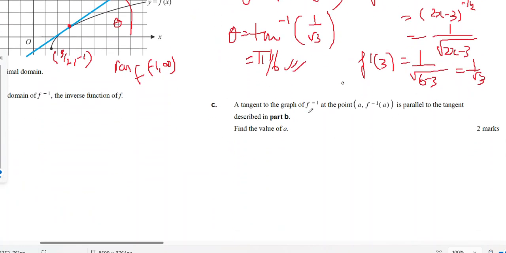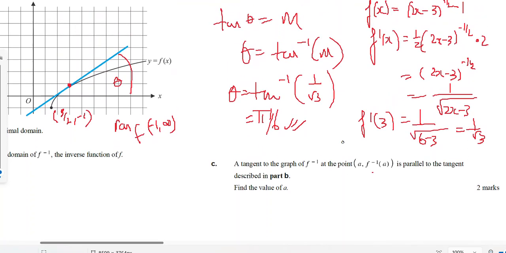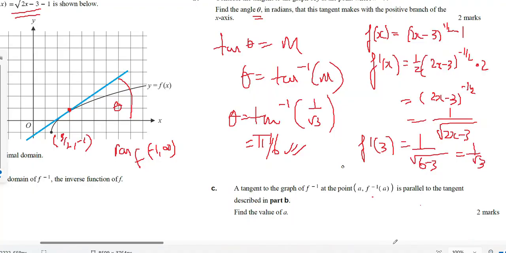A tangent to the graph of the inverse at this point is parallel to that described in the other one. So my inverse function is going to look like, it's going to go up 1 and over, x equals 3 on 2, so y equals 3 on 2 there.